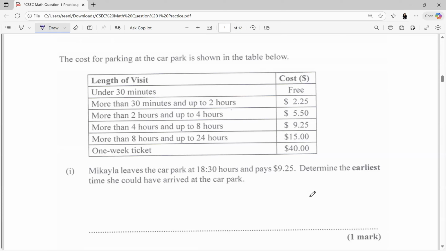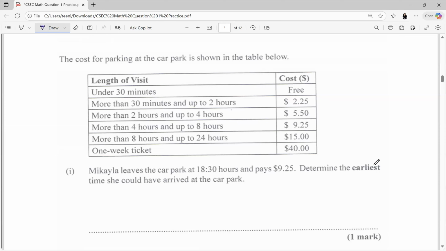So to determine the earliest time she could have arrived, would that be the 4 hours or the 8 hours? If she stayed 4 hours, it'll be 1830 minus 4, which is 1430, which is 2:30 p.m. Whereas if she stayed for the 8 hours, that would be 8 hours before.